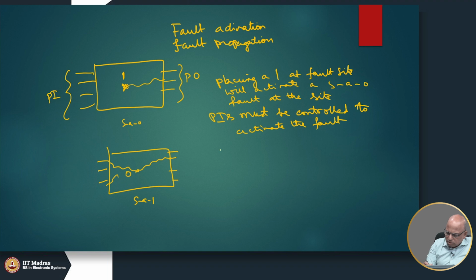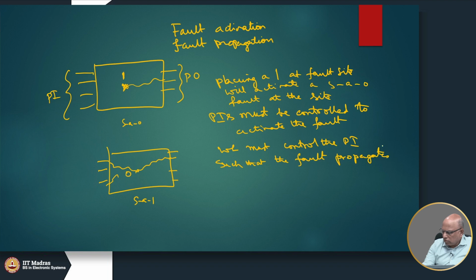Once again, we must control the PIs such that the fault propagates to one of the primary outputs. If it goes to more than one primary output, we have no problem. It should go to at least one of the primary outputs.